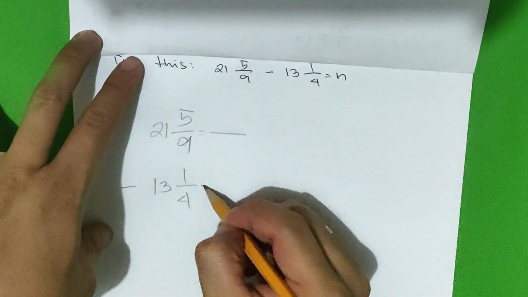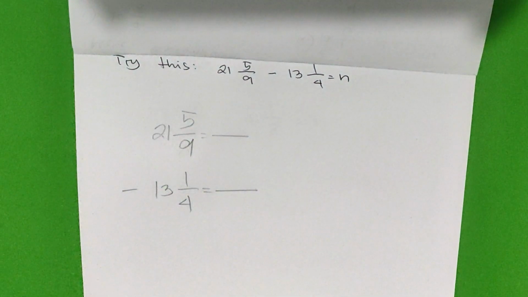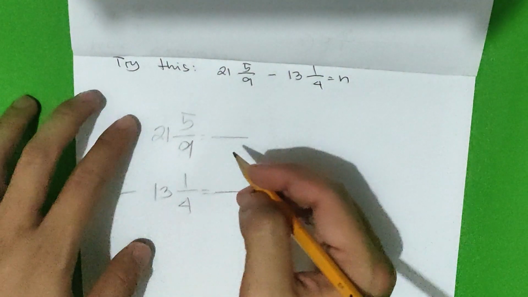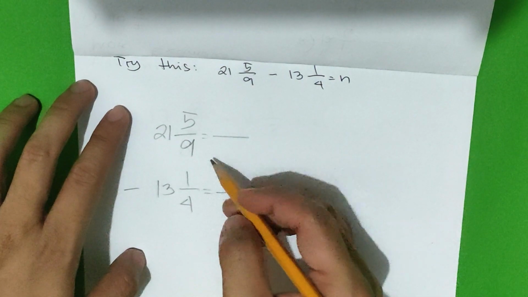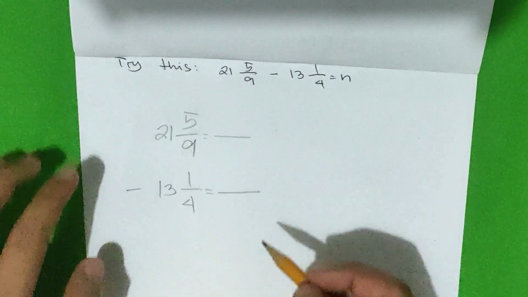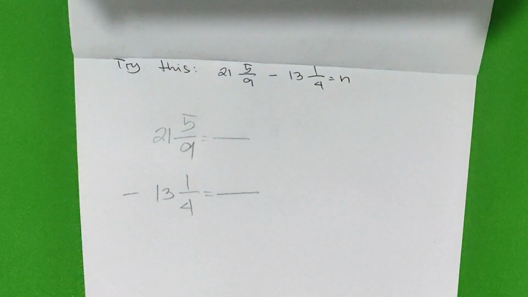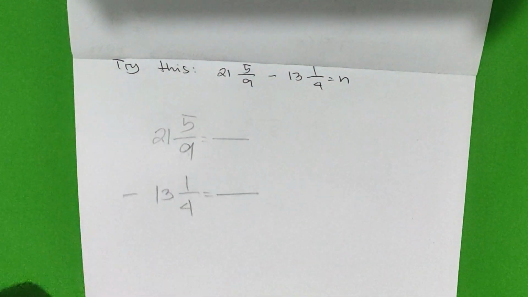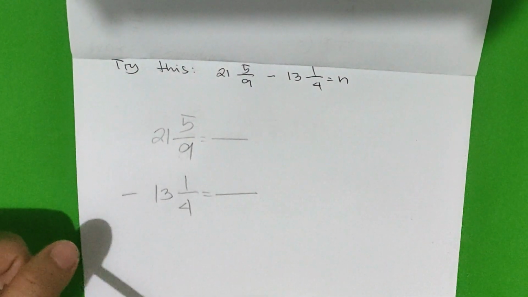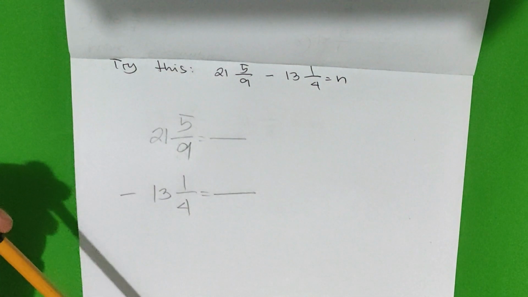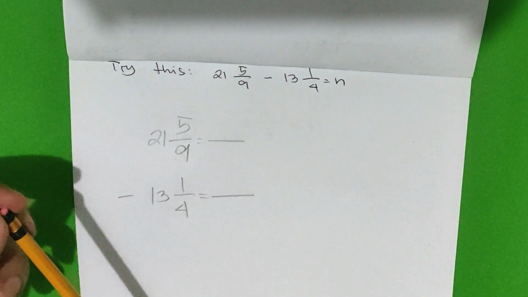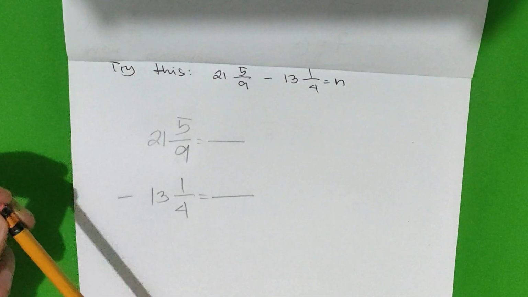So since the fractions are dissimilar fractions, let us find the LCD of our denominators. So what do you think is the LCD of 9 and 4? If your answer is 36, you got it right.